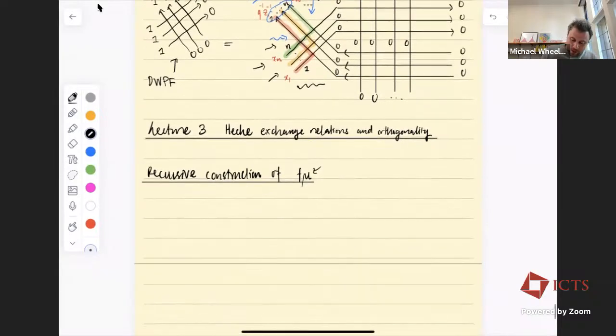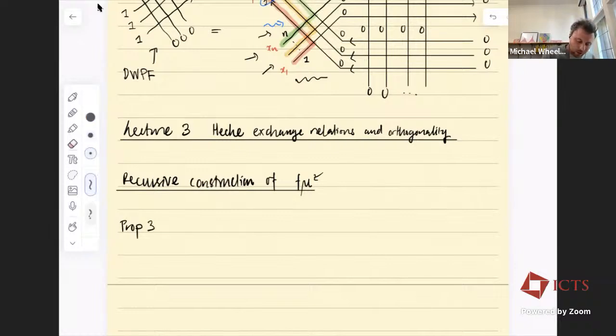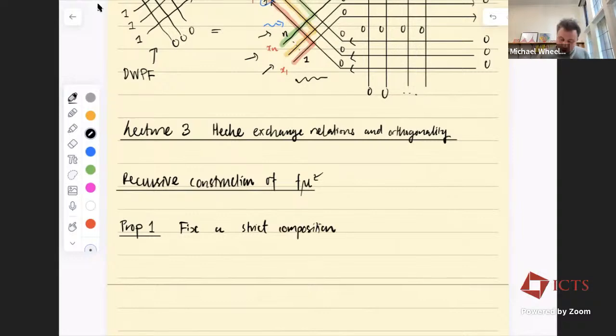All right. So let's begin with the initial condition. This was basically supposed to be in the last lecture, so I'll call it still proposition one. In proposition one, I fix a strict composition delta.